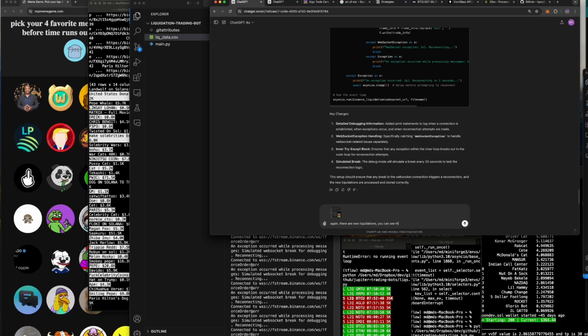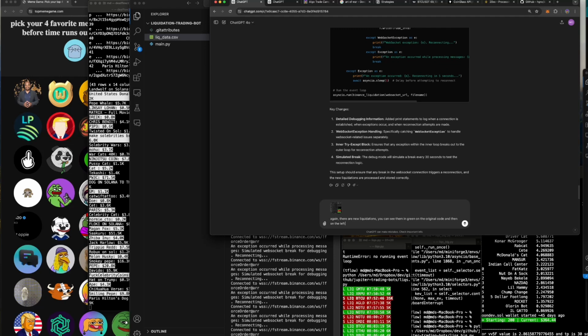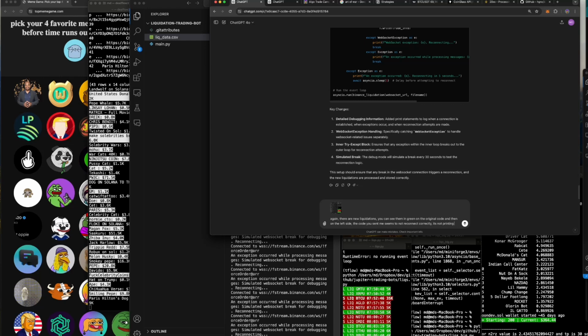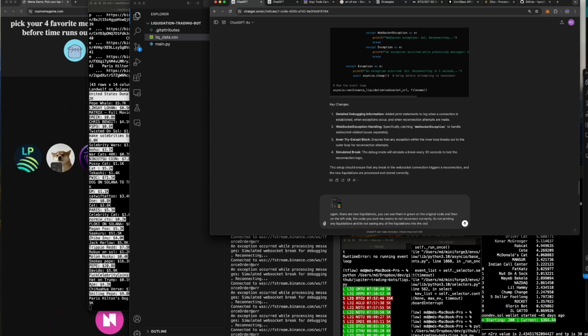You can see them in green on the original code, and on the left side, the code you sent me seems to not reconnect correctly. It's not printing any liquidations, and it's not saving any of the liquidations into the CSV either.